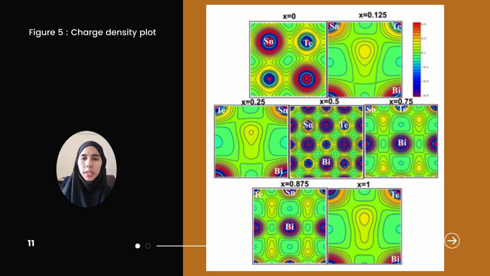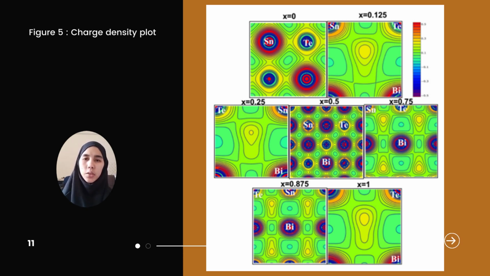Figure 5 shows the charge density plot of all 7 combinations of tin bismuth telluride material at ambient conditions. So the charge density plot reflects the bonding nature between these 3 atoms. From figure 5 also, it's observed that the spherical contours around the region of Sn, Bi, and Te atoms are evident for the strong ionic bonding nature between the atoms, and also indicate weak covalent nature of the material.